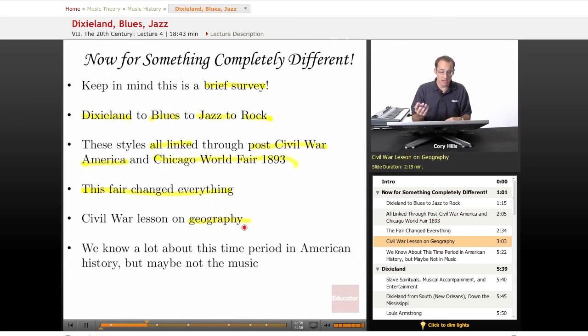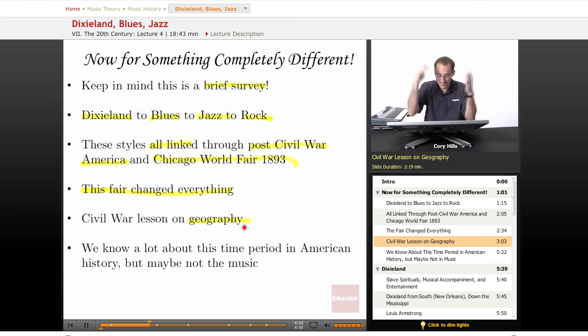And in particular, we had New Orleans, and New Orleans Dixieland music was very popular. And if you know about the geography, the Mississippi River goes all the way down to the Delta, New Orleans, and all the way up.